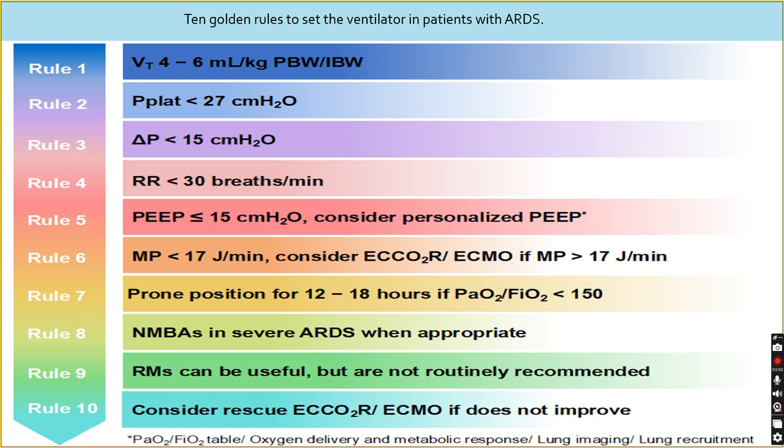Rule 9 is recruitment maneuvers, which can be useful but are not routinely recommended because of the high risk of barotrauma. And the last, the 10th rule, is to consider rescue extracorporeal removal of carbon dioxide or ECMO if the patient does not improve with all other measures.